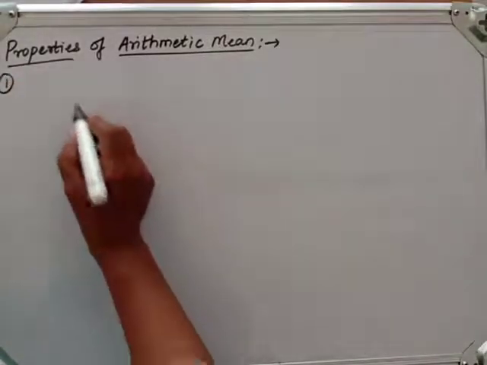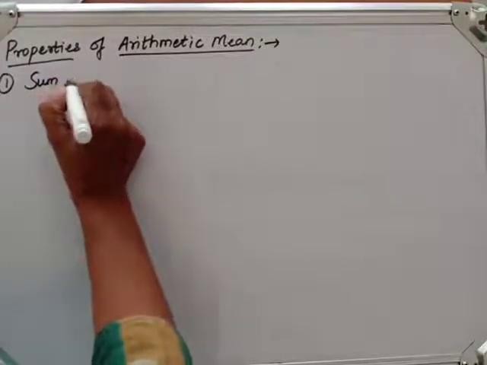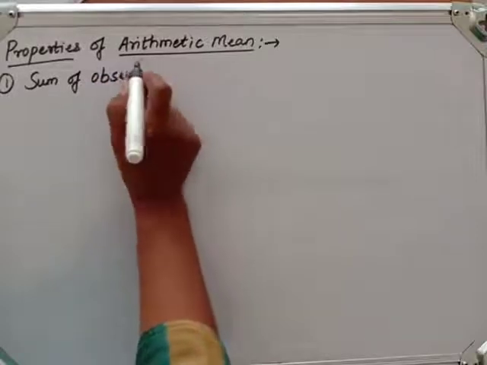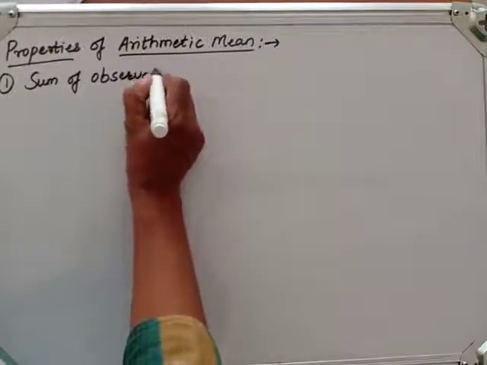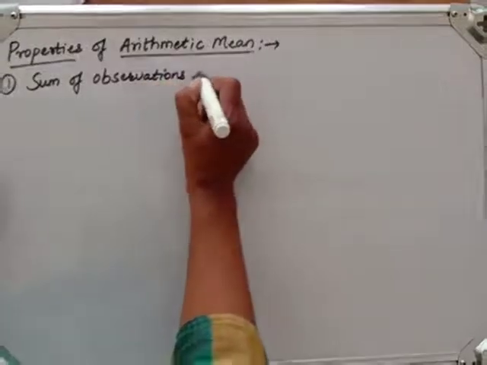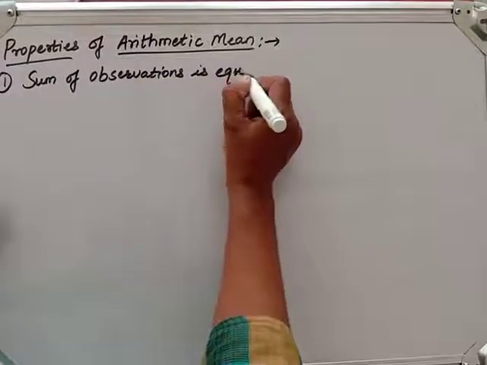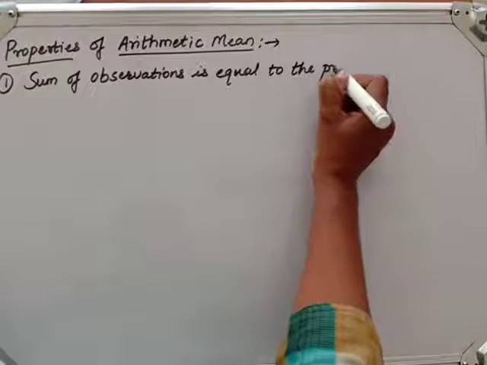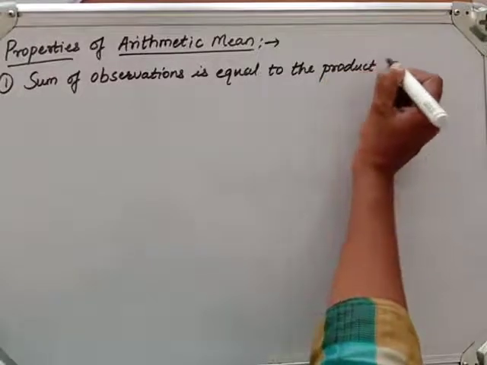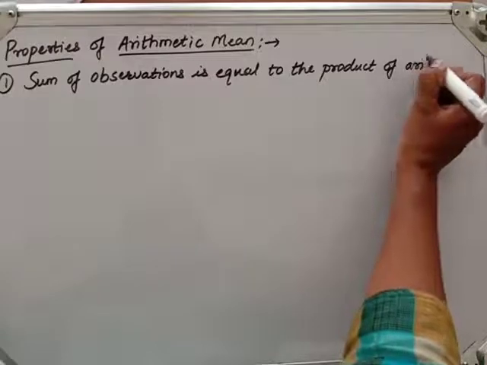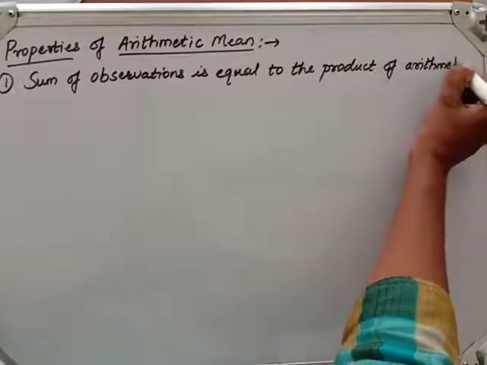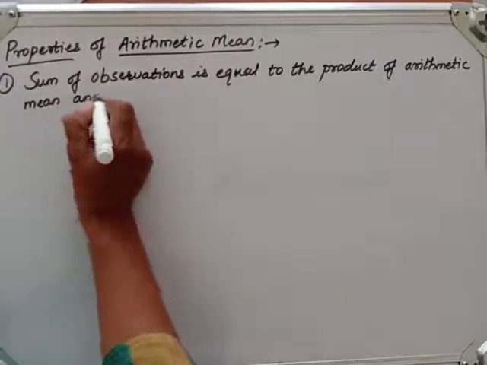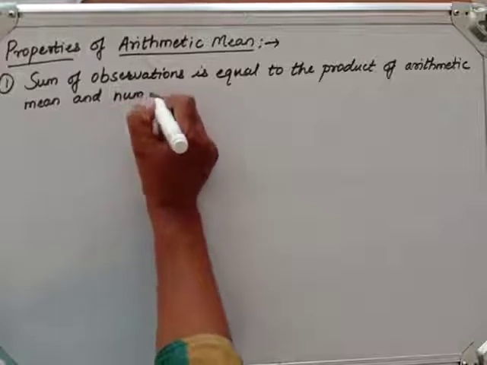So the first property is that the sum of observations is equal to the product of arithmetic mean and number of observations.